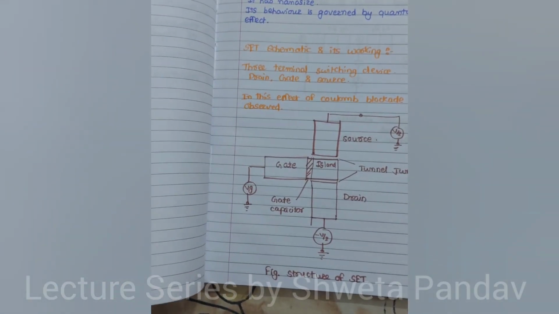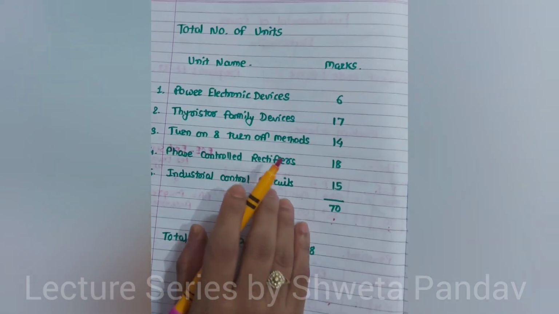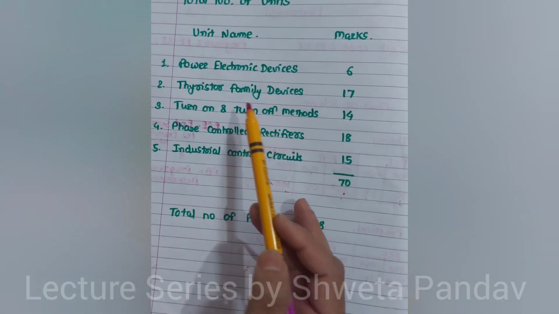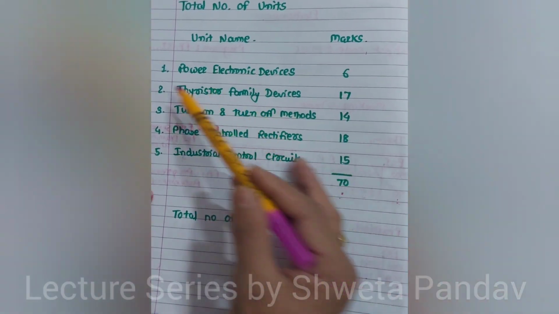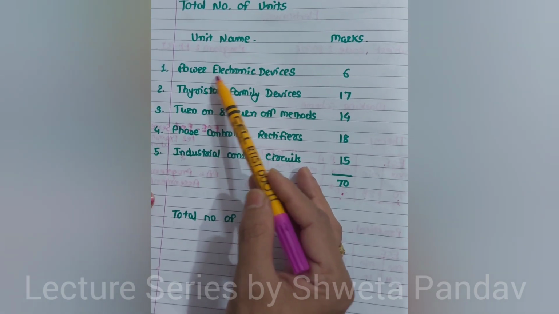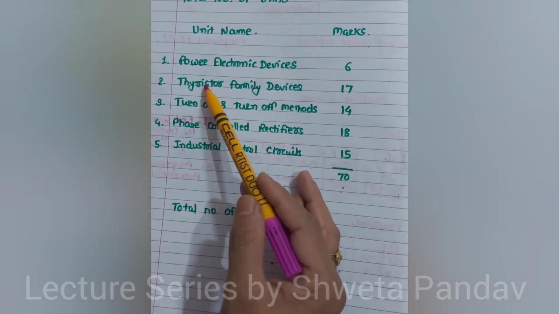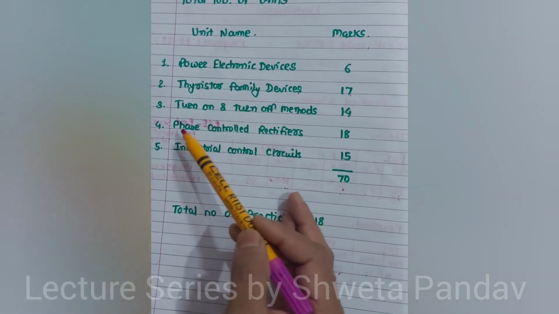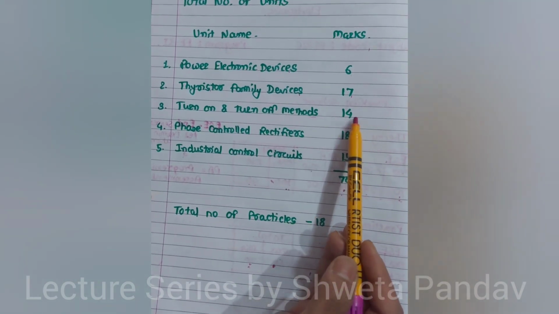Now let us see how many units there are in this subject. In this subject we have a total of 5 units or chapters, and the marks allotted for each chapter. The first chapter is power electronic devices, for which 6 marks are allotted. The second chapter is thyristor family devices, for which 16 marks are allotted. The third chapter is turn on and turn off methods, of 14 marks.